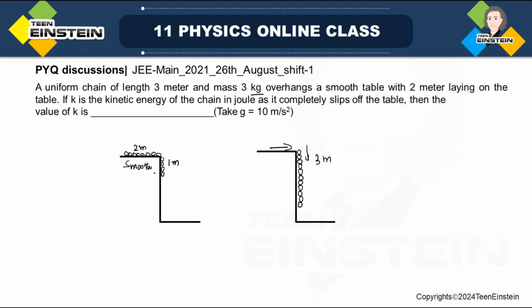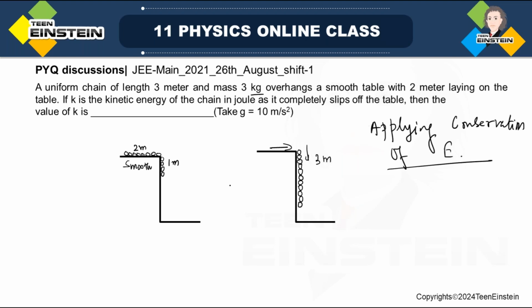So this problem can be solved by applying conservation of energy. Look here, when it was not in motion, the initial kinetic energy is 0, but there was certain potential energy.